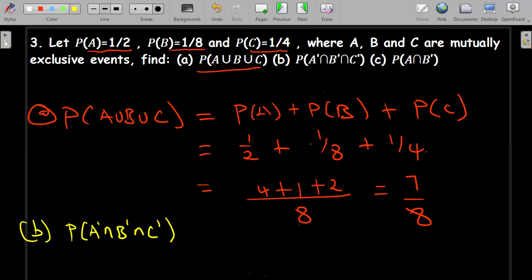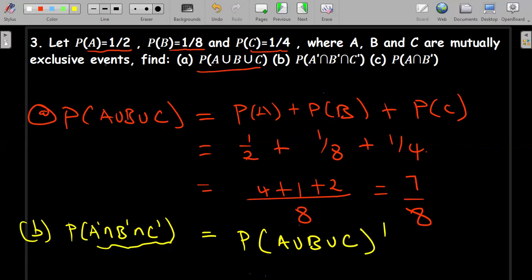Okay, but how do you do this? You apply the De Morgan's law. The De Morgan's law still works even if you have more than 2 sets. If you have 3, 4, 5, an infinite number of sets, they will still work. So here what we are going to say is that this is the same as the probability of A union B union C and then complement outside.